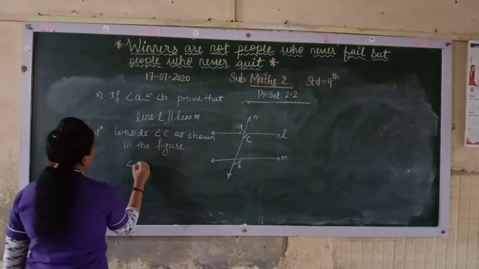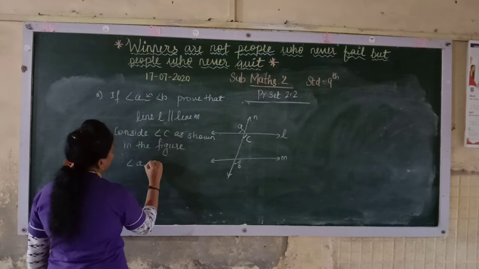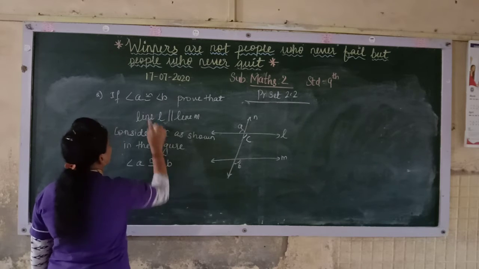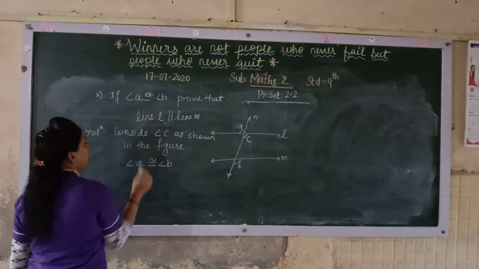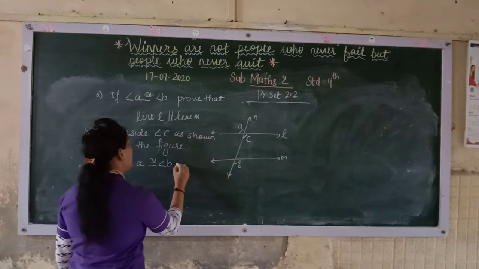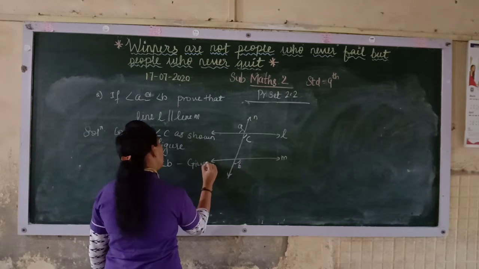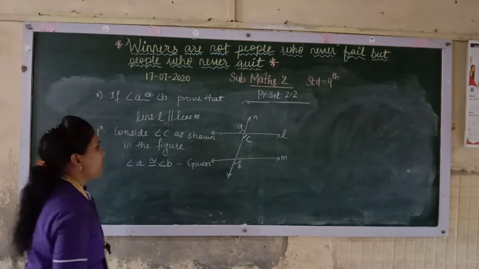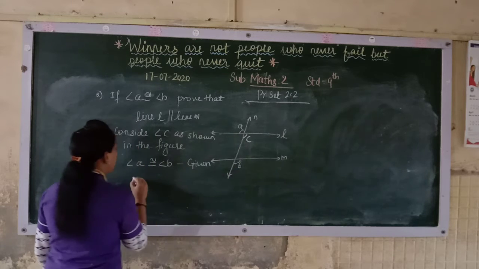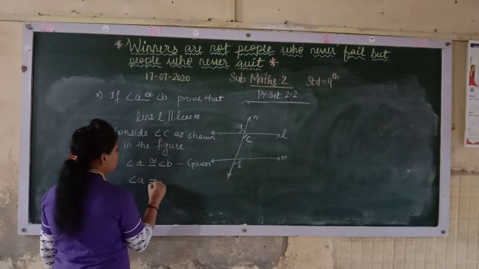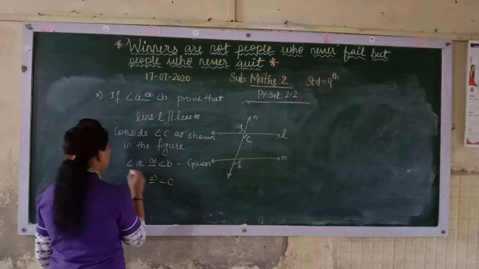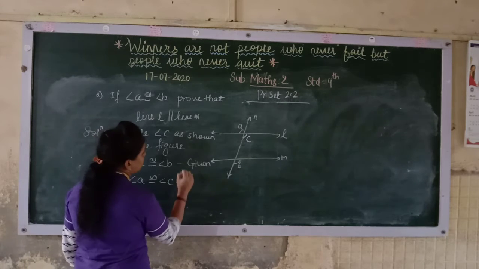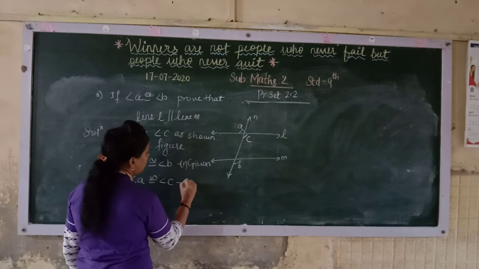You know that angle A is congruent to angle B. But as you have taken this C over here, you will get angle A is congruent to angle C. This is 1 and this will be 2.